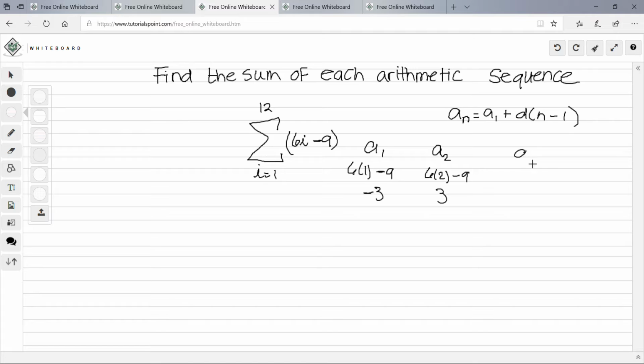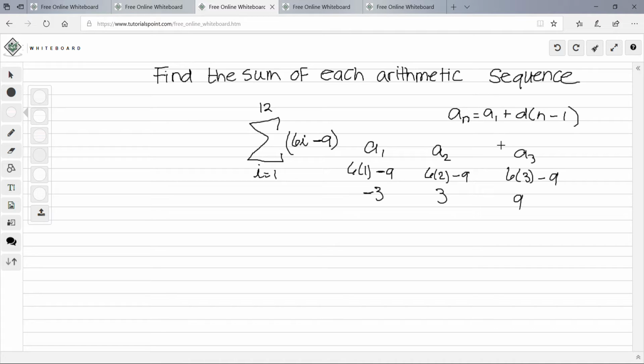And then our third term is 6 times 3 minus 9. 6 times 3 is 18, 18 minus 9 is positive 9.